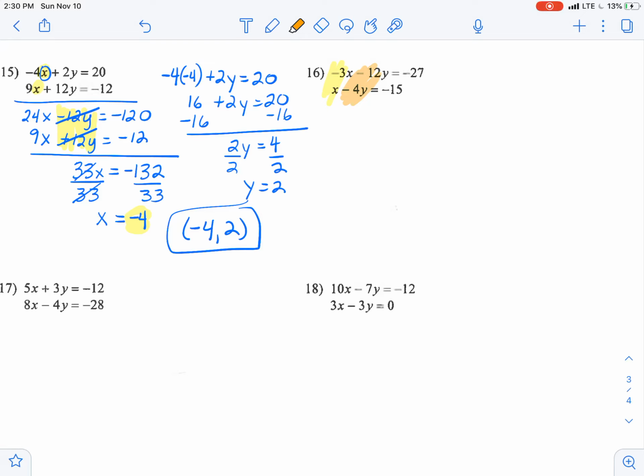Now I think it would be easier, in my opinion, to make the y's the same, because I can take and multiply this equation by +3. This one is a -3, and then therefore they would eliminate. So if I was you, I would pause the video and try to multiply that by 3 and see if you can work the problem out. And then come back in and watch me do it.